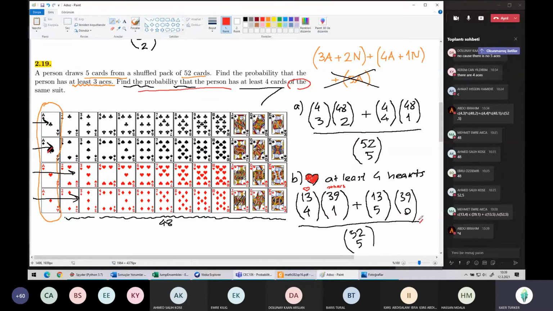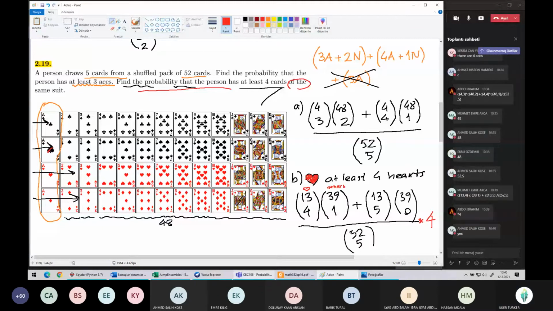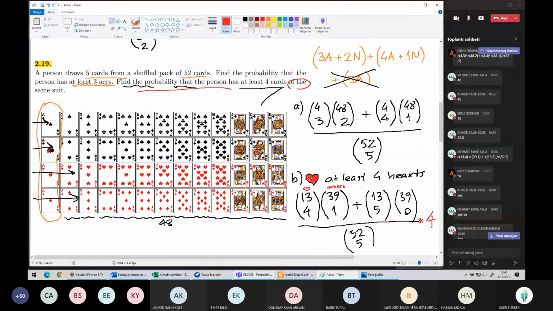So I multiply this solution by 4. Okay? Do you agree? It's okay?